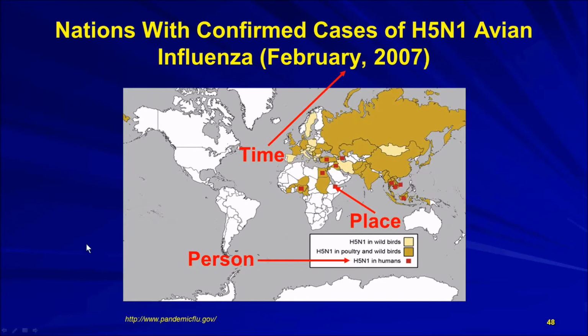What I'd like to do is quickly talk about the application of these variables, person, place, and time. And what we're looking at is avian flu or bird flu, and what you'll see is with the gold area, this is domesticated and wild birds that cover the continent of Europe. And these little yellow pockets have to do with the wild birds.